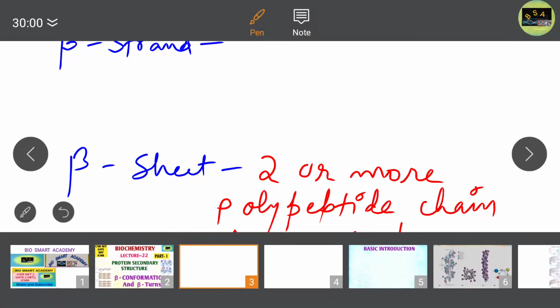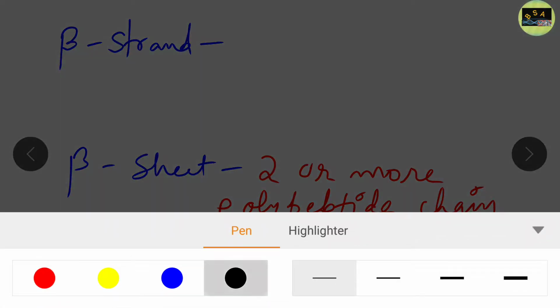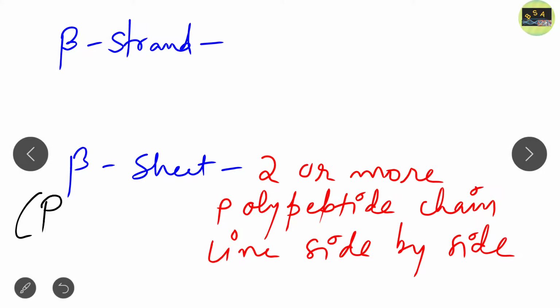Beta sheet is formed when two or more polypeptide chains line side by side. Clear, students? Then only beta sheet is formed. That's why we call beta sheet polymer in nature.